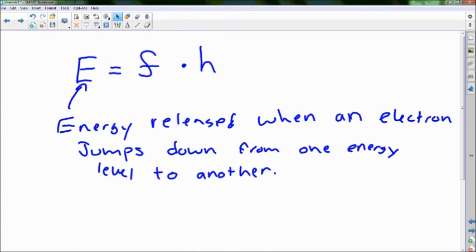So if we look at the gap between, say, the third energy level and the second energy level, the amount of energy that it takes to get an electron up to that energy level is going to be the same amount that is released when the electron jumps back down. So those energy level changes are the same.